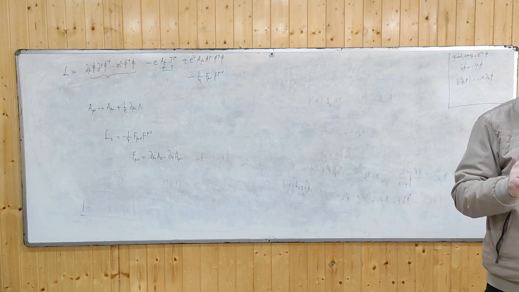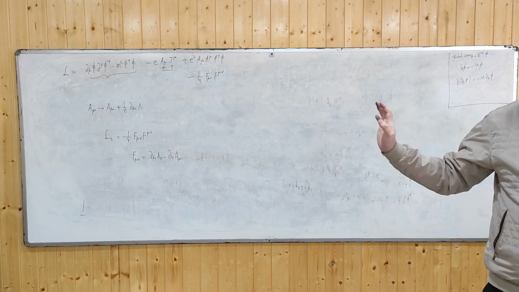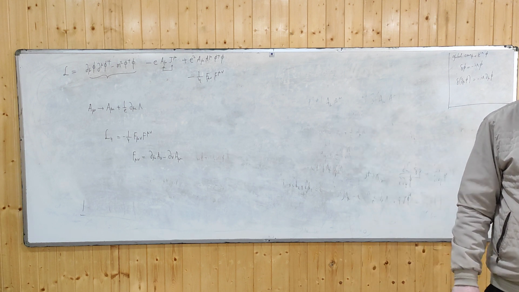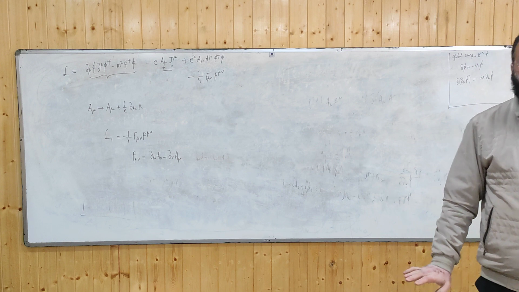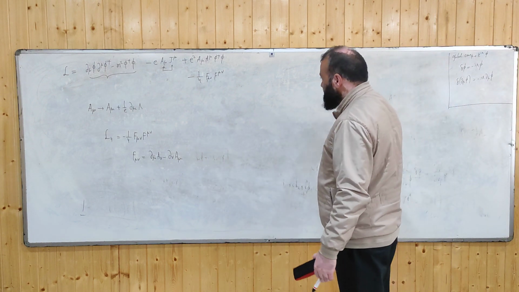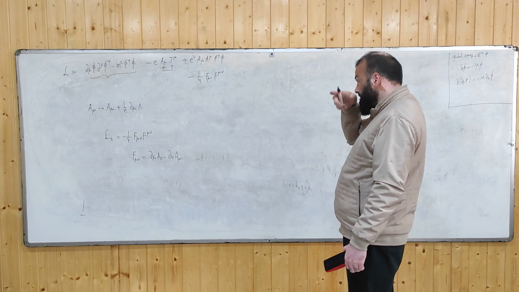To ensure the local gauge invariance of a given field, let's say here a scalar field, I have to introduce this A field. That's why we call it a gauge field. Got it? And in a moment we will see it's a massless field.